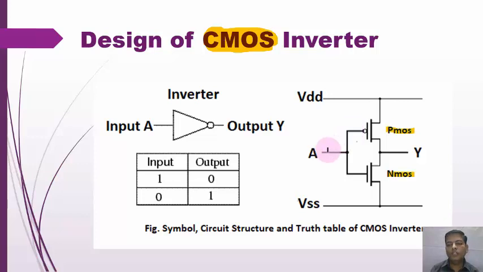When zero input is applied to the PMOS gate terminal, the PMOS is functionally operated, which means current can flow through the PMOS. Whatever supply voltage is available at VDD will be passed on to the Y terminal, so current flows through the circuitry and the voltage is available at the Y terminal.